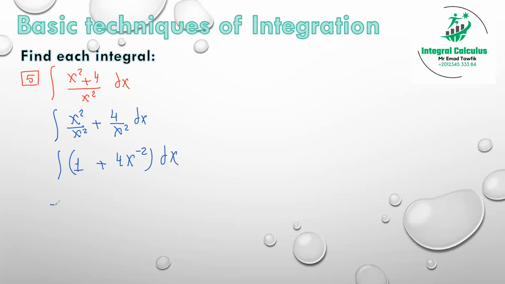Go ahead with your integration. The integration of 1 is x, plus 4x, adding 1 to my power to be negative 1, over negative 1, plus c, which can be written in simplest form as x minus 4 over x, plus c.